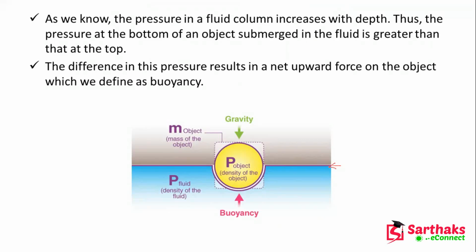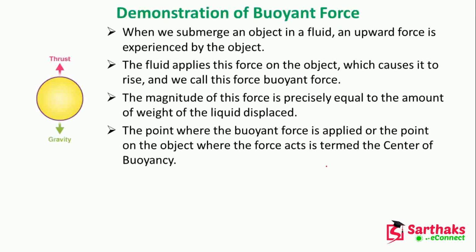Thus, the pressure at the bottom of the object submerged in the fluid is greater than that at the top. So the thrust is the upward force applied against gravity. And this one is our object. The magnitude of this force is equal to the weight of the liquid displaced.